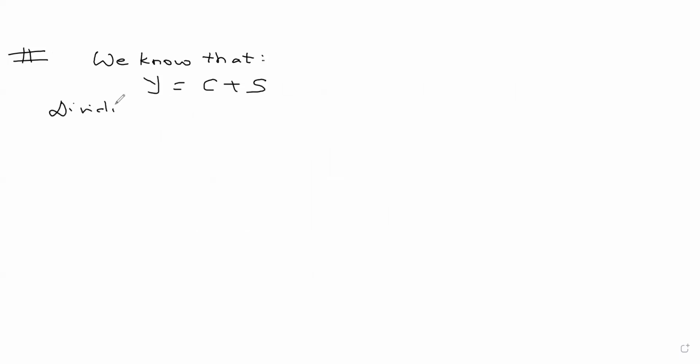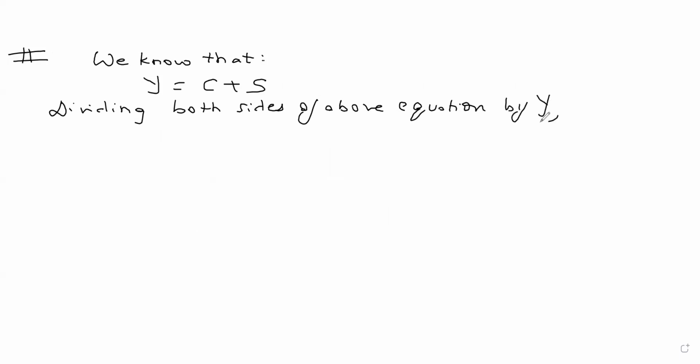Dividing both sides of the above equation by Y, I get Y by Y is equal to C by Y plus S by Y. Y and Y cancel, I get 1.